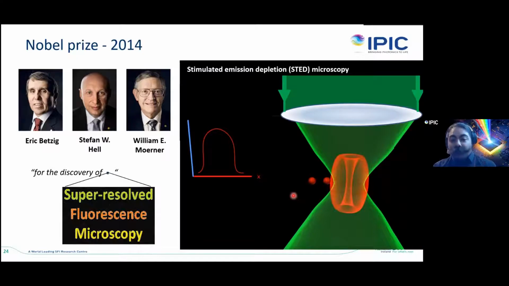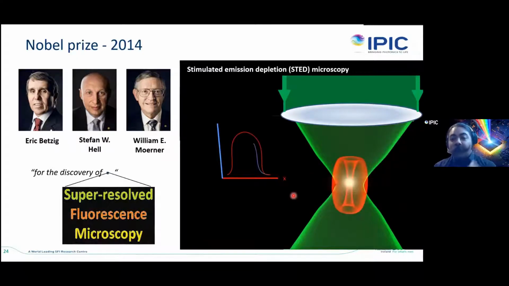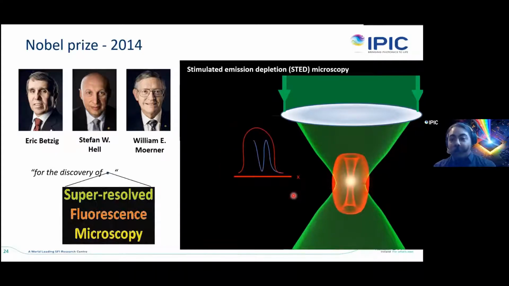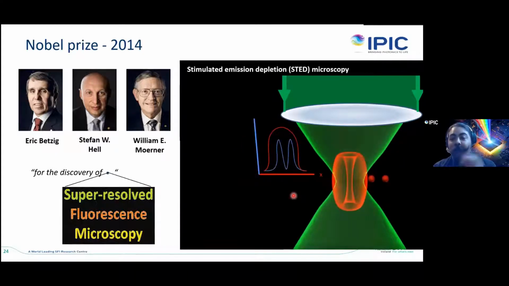So when the bead passes through the center of the donut, we have the emission of fluorescence. We will have this emission only when the beads pass through that, and it happens on a much smaller scale than a wavelength. And that's how we do super resolution microscopy.